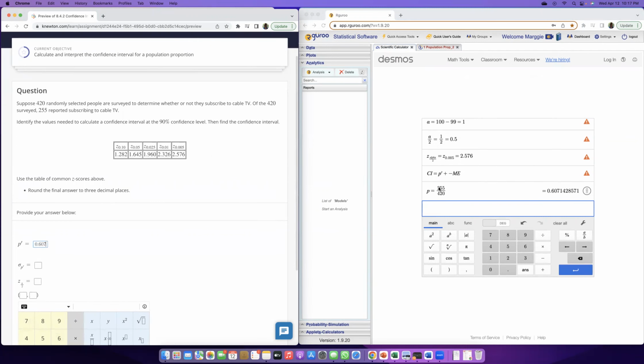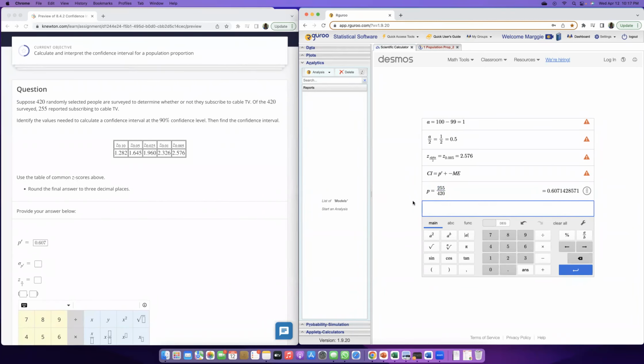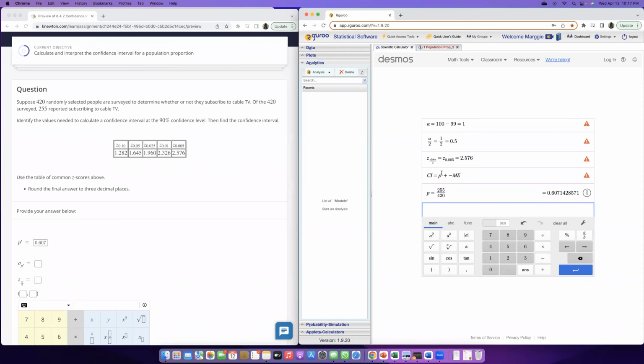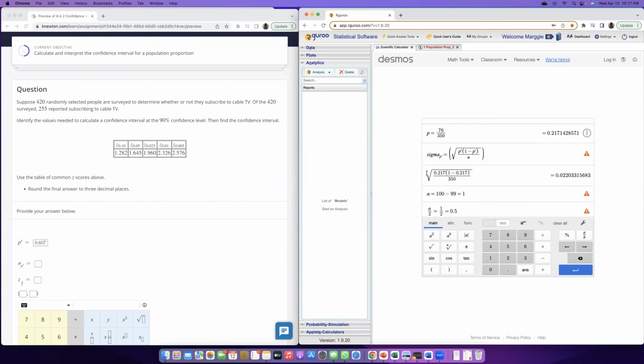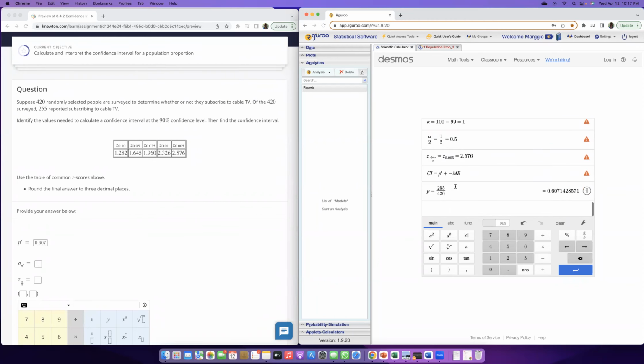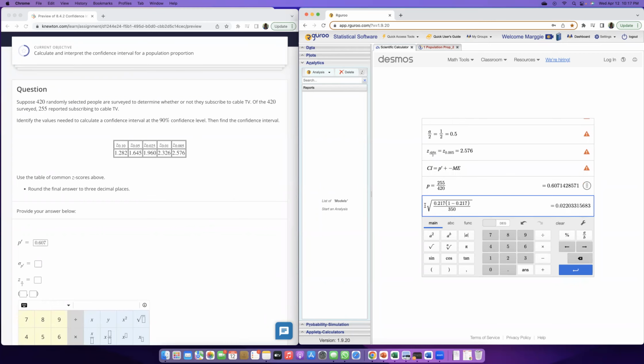All right, the number of people that subscribe to cable TV over the total amount of people that were in the survey. Remember that your standard deviation is this again in here.